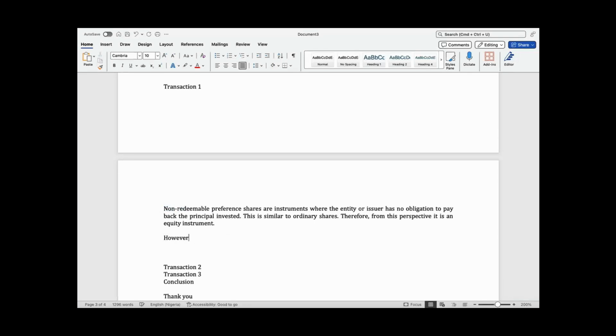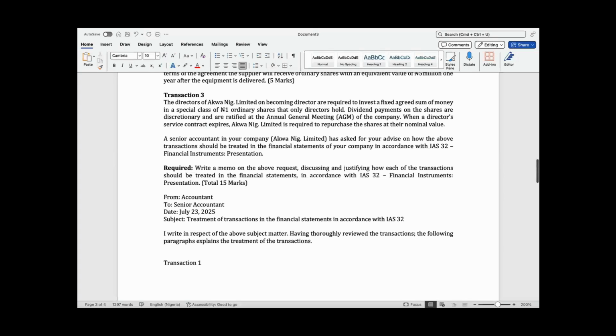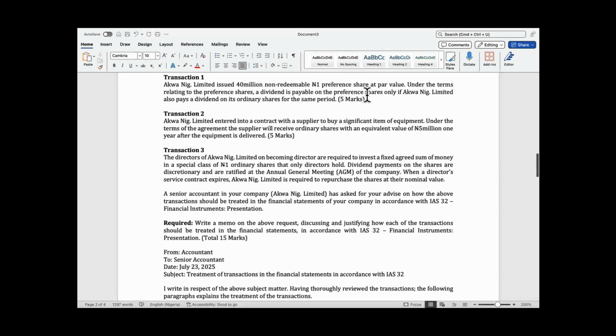However, since dividend is only payable on these preference shares, dividend is payable on the preference shares only if Aqua Limited pays dividend to its ordinary shares.